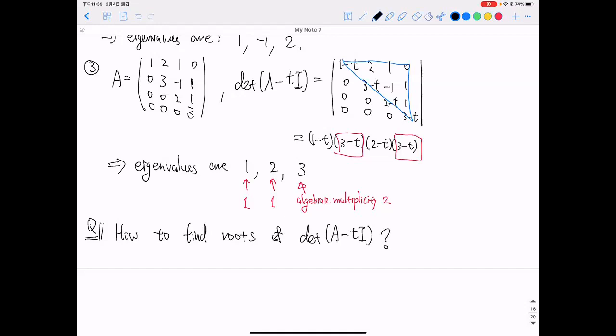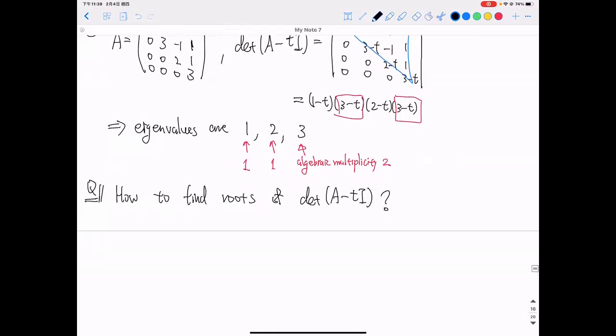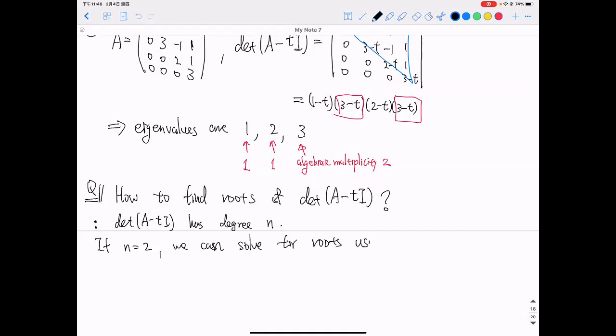But how do we do that? Now, the point is, the characteristic polynomial has degree n, right? If n is 2, we can solve for roots using the quadratic formula.